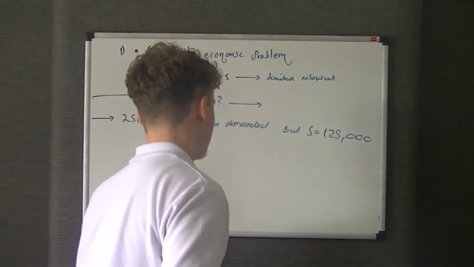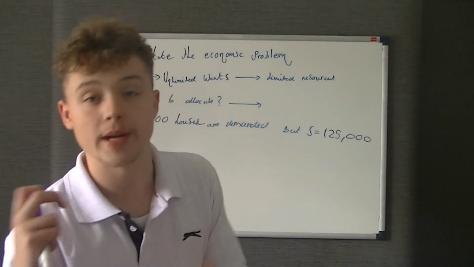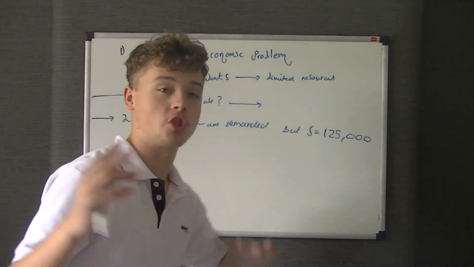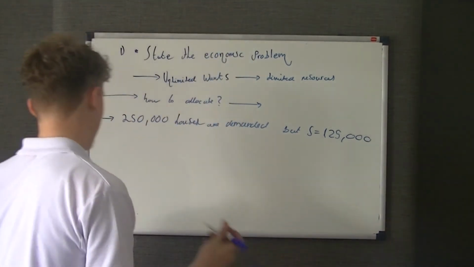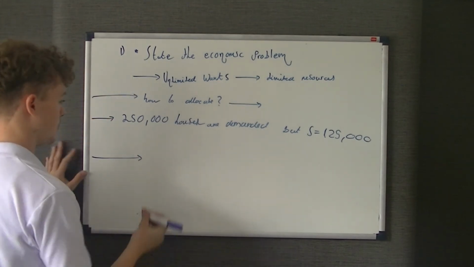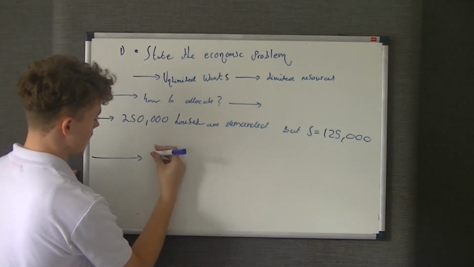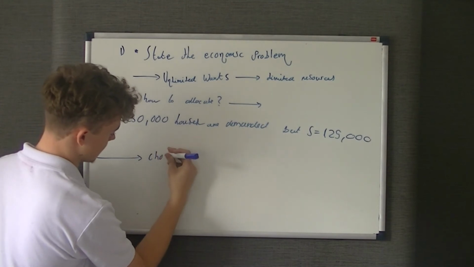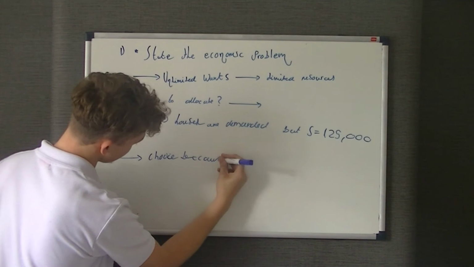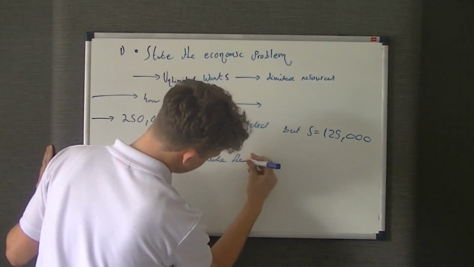Do we buy a house, because the house is going to be very expensive? So do we pay an excessive amount for a house and share it with someone else, or do we live with our mum and dad? So you could say this means there is a choice because there is scarcity.